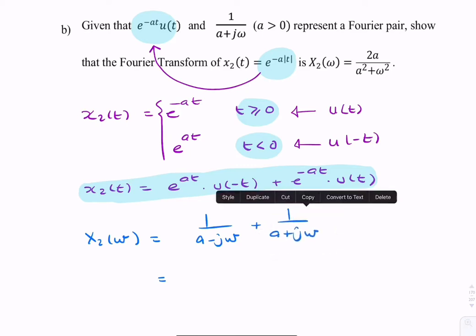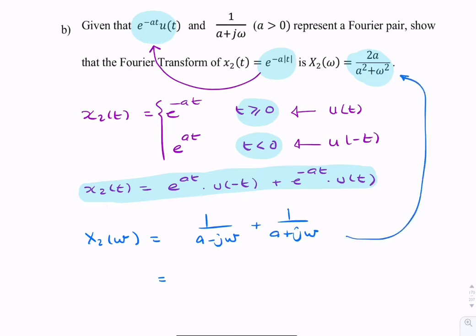What we're trying to do is to show that this is equal to that. So we can't leave it in that form. So we can find a common denominator, a minus j omega times a plus j omega. And then you'd have a plus j omega plus a minus j omega.